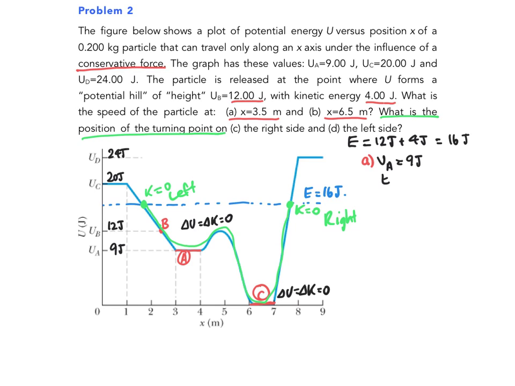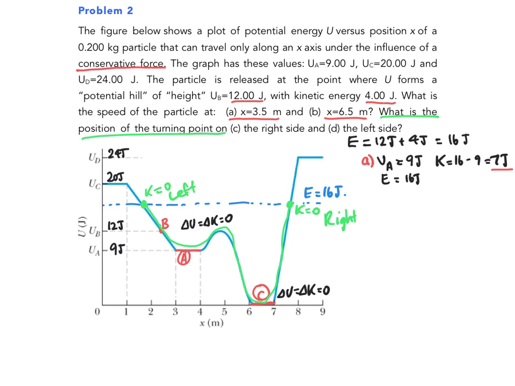And the total energy is 16 joules. Then the kinetic energy has to be 16 minus 9, which is 7 joules. Okay, the total energy has to add up to 16. So we've got 9 of potential, we must have 7 of kinetic energy.